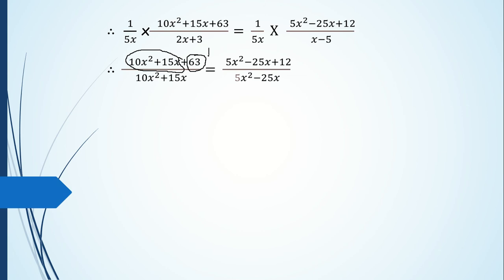Group them like this. If you consider this to be a numerator plus this as the denominator upon denominator, numerator plus denominator upon denominator, and this side also, this as your numerator plus this as the denominator, and this is your denominator.